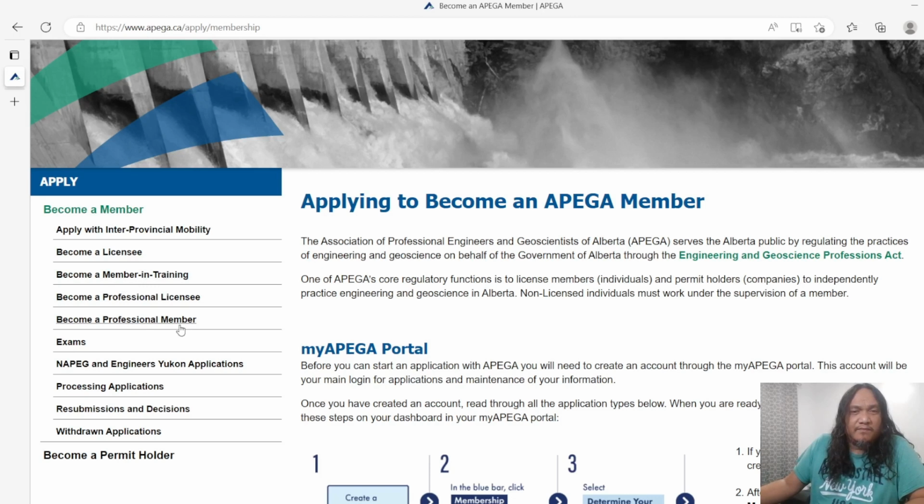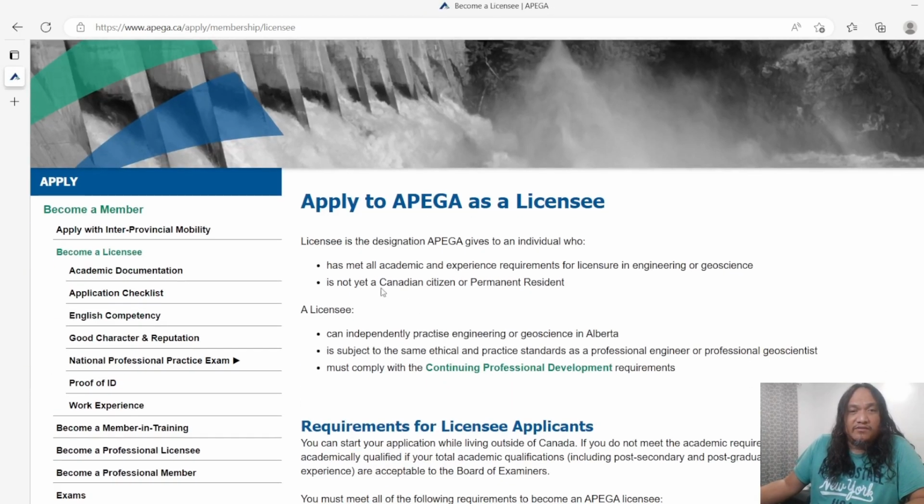a professional member. But if you are moving to Canada as a contract worker, you can apply as a licensee. A licensee application is the same as a regular application, but for non, it says here, if you are not yet a Canadian citizen or a permanent resident. As a licensee, it says here, you can independently practice engineering or science in Alberta and are subject to the same ethical and practice standards as a professional engineer or professional geoscientist and must comply with the CPD requirements.